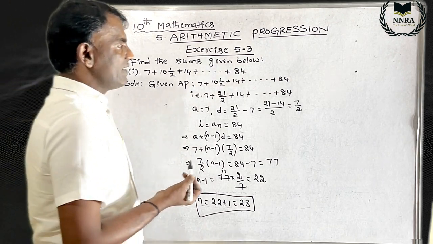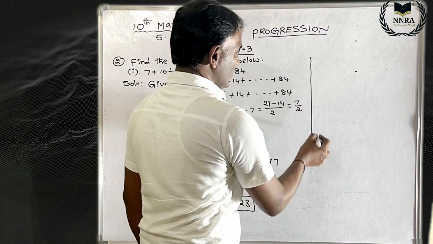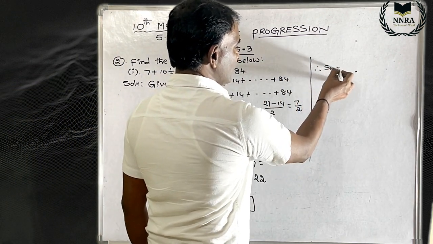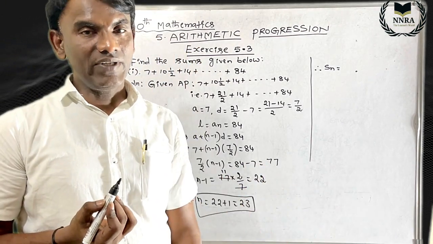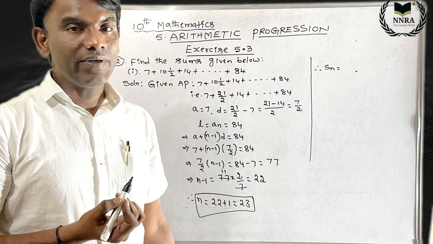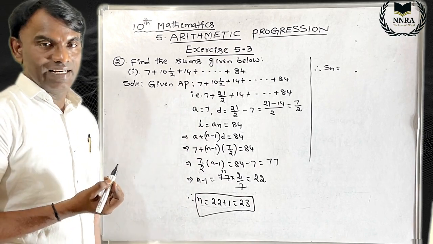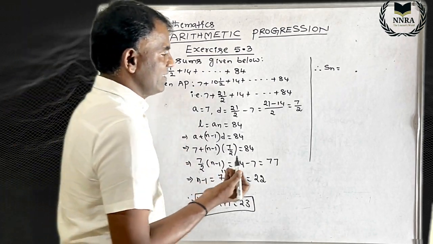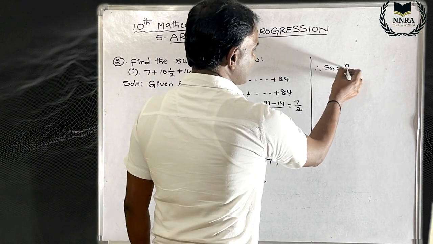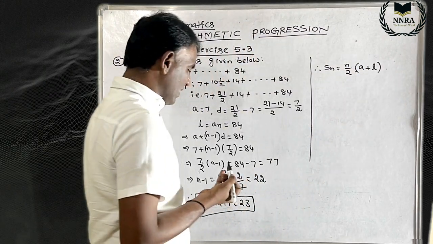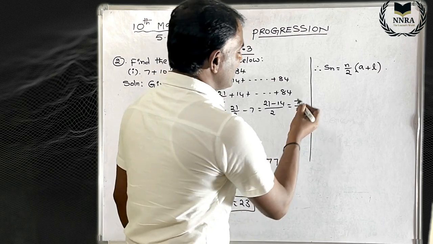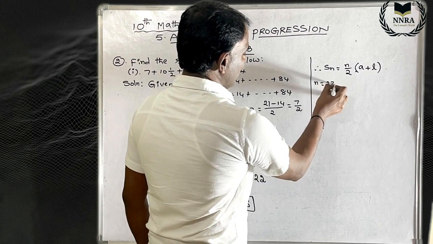After that we find the Sn value. There are two formulas. One is n by 2 into 2a plus n minus 1 into d. Another one is n by 2 into a plus l. We'll take the second formula. So n by 2 into a plus l, where n equal to 23.